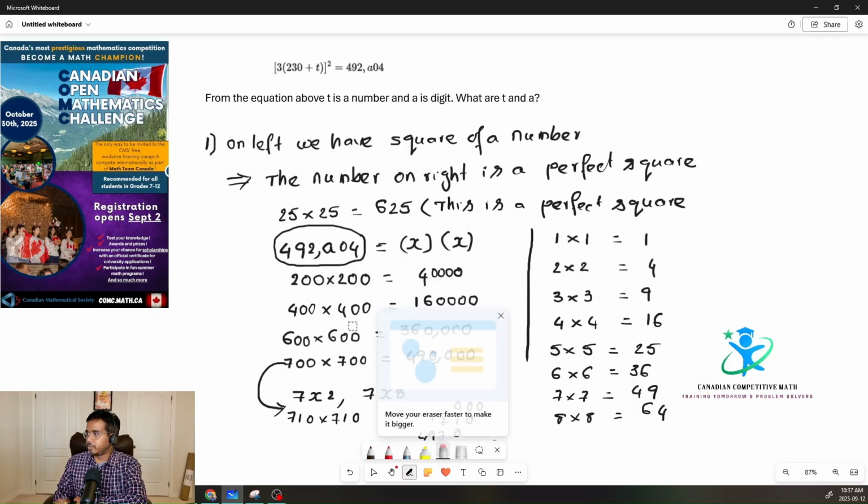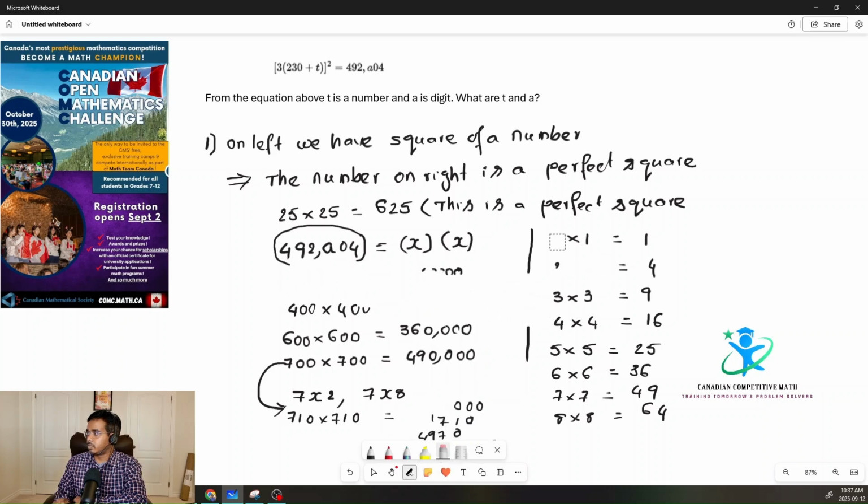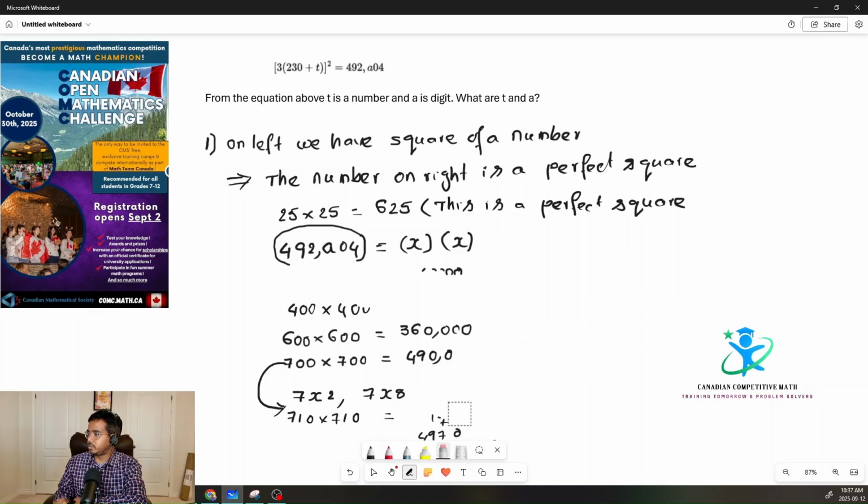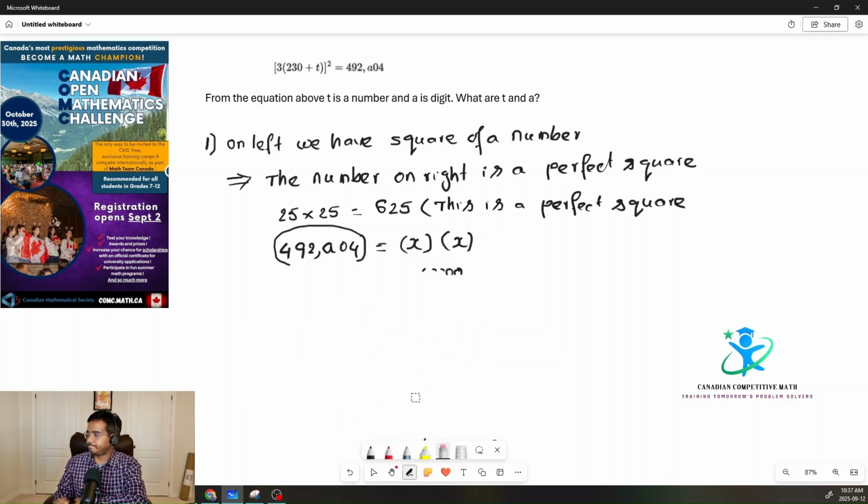So the final number is between 700 and 710, and the last digit can either be 2 or 8.